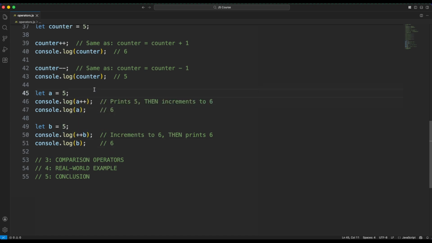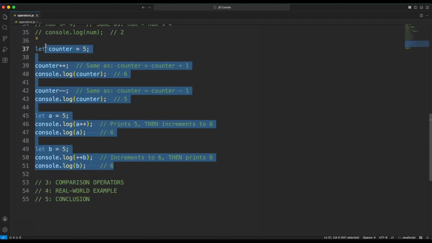With postfix, the value is used first, then incremented. With prefix, it's incremented first, then used. Did you see it print 5, then increment to 6, and with the prefix, increment to 6, then print 6? This distinction is crucial when you are using these operators inside an expression. Remember this line. Okay, comment this.